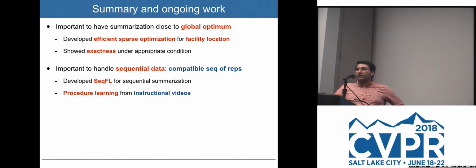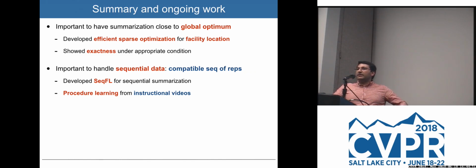In the second part, I talked about the fact that sequential data, whether videos, speech, audio, or signals, form a large part of big data. It's important to incorporate the underlying dynamics of the data, so that not only do I select representatives, but the order matters a lot.